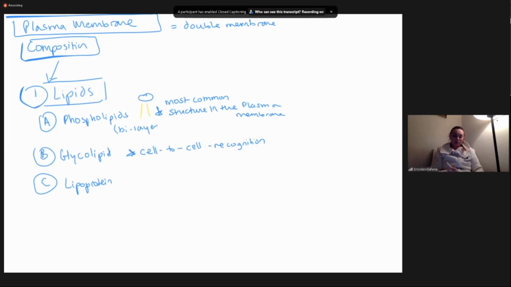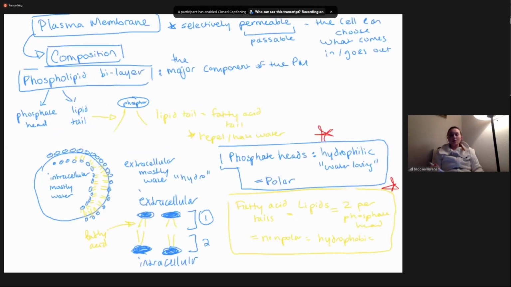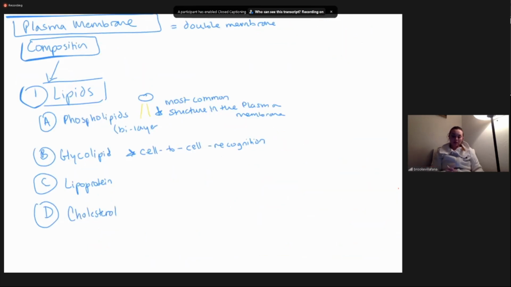So, for example, what is on the test from here? You guys need to know what are the 4 types of lipids that are found in the plasma membrane and what are their basic functions. So, phospholipids, most common structure in the plasma membrane. You guys need to know what we just talked about, right? What are the phosphate heads? What are the fatty acid tails? Now, when we talk about the next type of lipid, what is the glycolipid? It functions for cell-to-cell recognition, and one fatty acid is replaced by a carbohydrate.